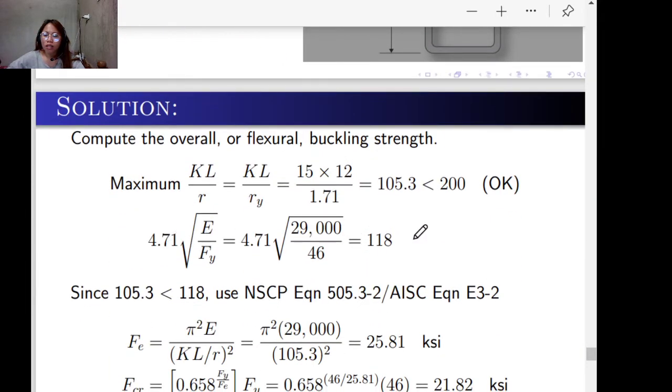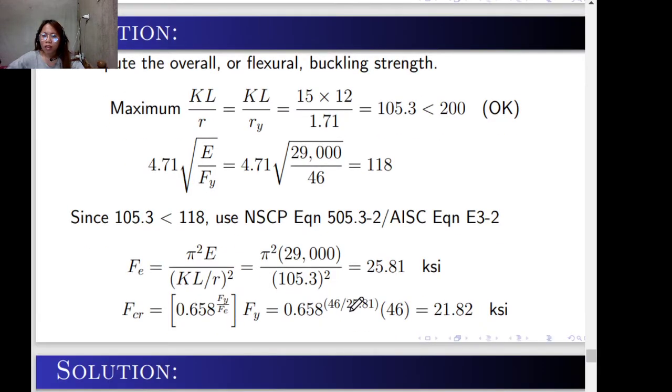The value is 118, which is greater than the slenderness ratio KL over R. This is for the global buckling.